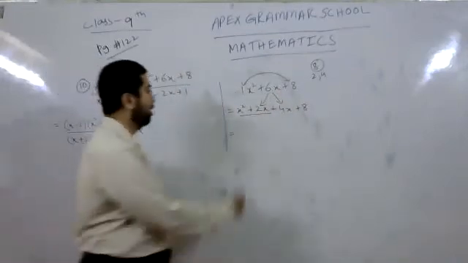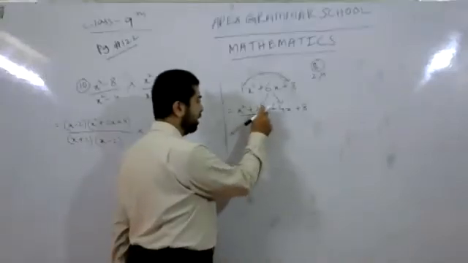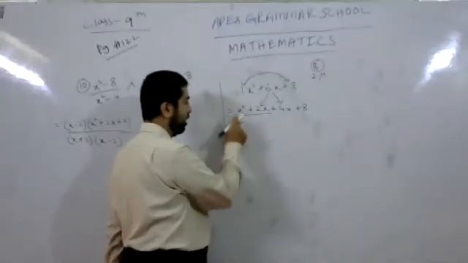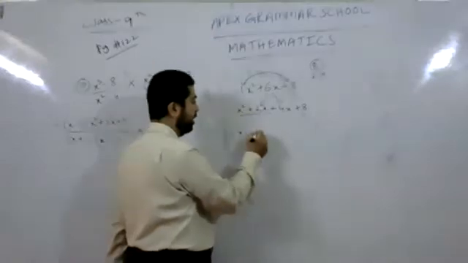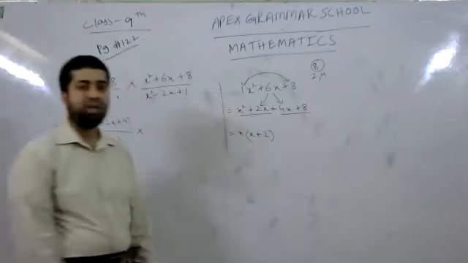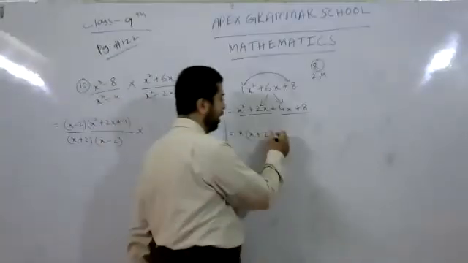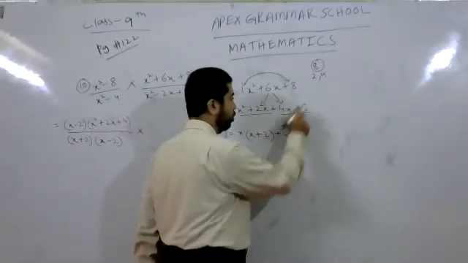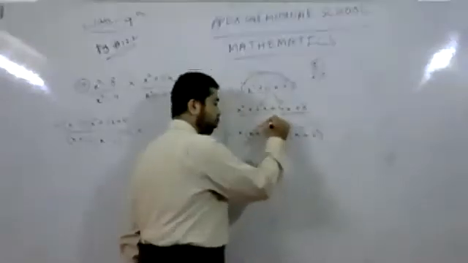Now, what is common here? x is common, but the smallest power of x is actually power 1. Now, 1x is outside and x will be here. 1x is outside and 2 will be here. What is common here? Only 4 is common. So, plus 4x plus 4, 2 fours are 8. You can see that both brackets are the same.